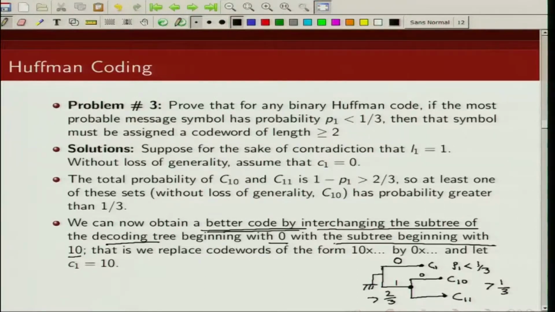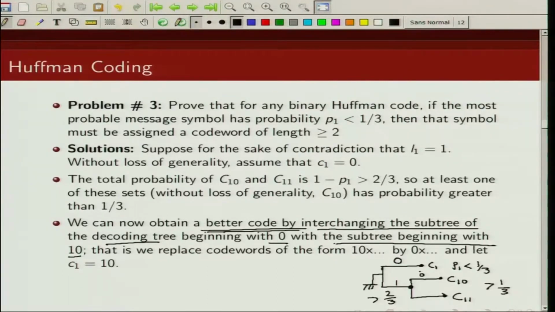Now if that is the situation, then we can reduce the expected code word length by interchanging C1 with C10 or C11, whichever has probability greater than 1 by 3, right? So we can obtain a better code by interchanging the subtree beginning with 0 with the subtree beginning with 10. Why? Because one of these nodes has probability greater than 1/3, whereas this one has probability less than 1/3.